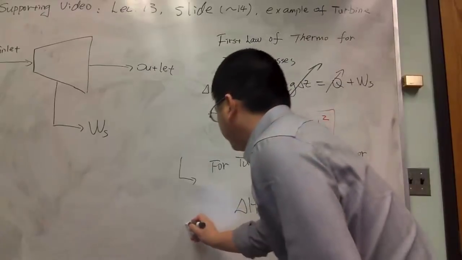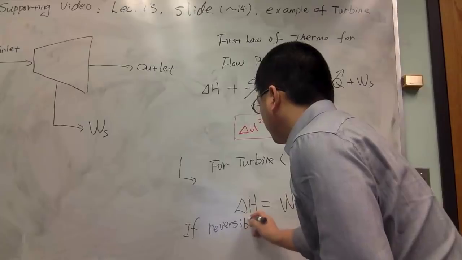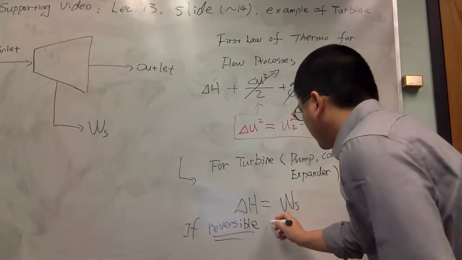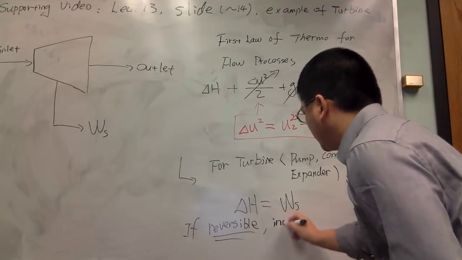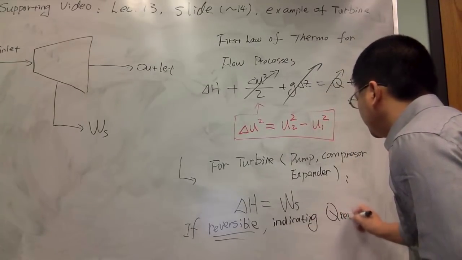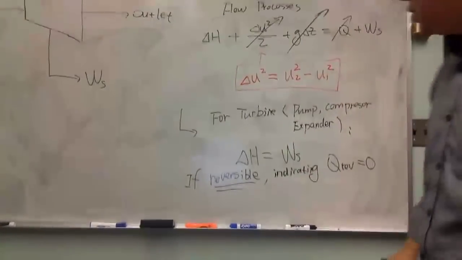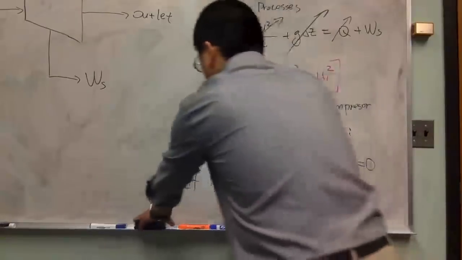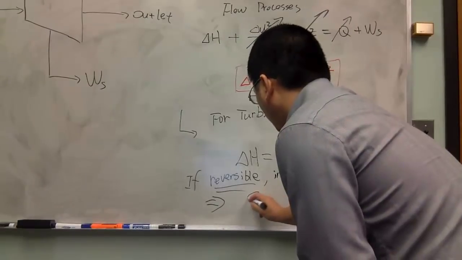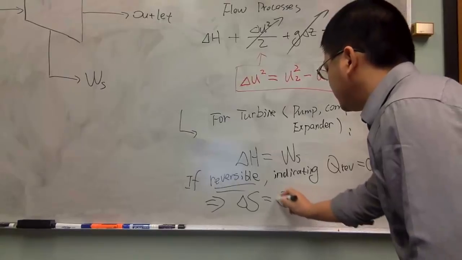If reversible, indicating Q reversible is 0, that implies delta S will be 0.